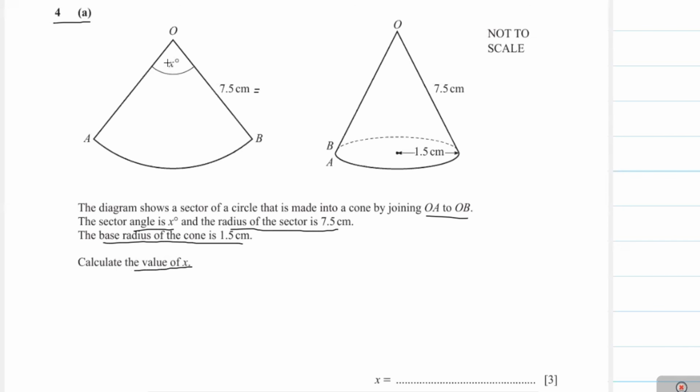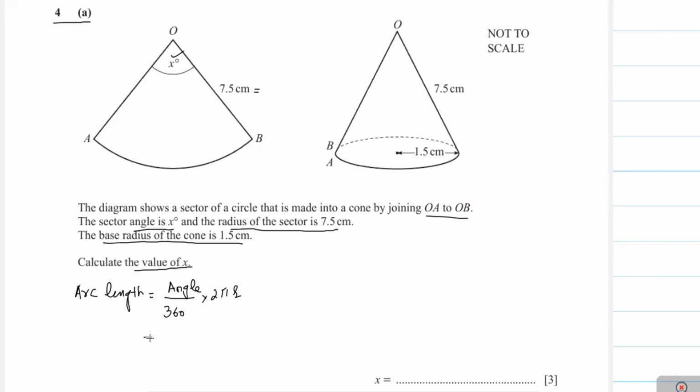Now the value of x degrees we can find by using the arc length formula. The arc length AB will be equal to the angle divided by 360 multiplied by 2 pi r.